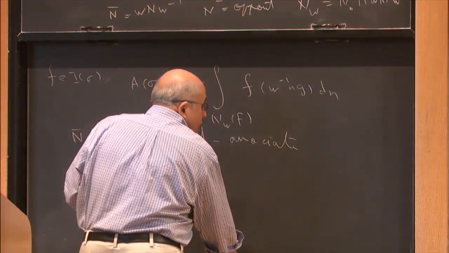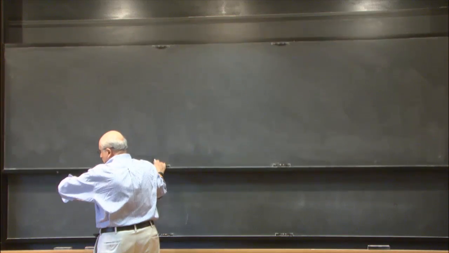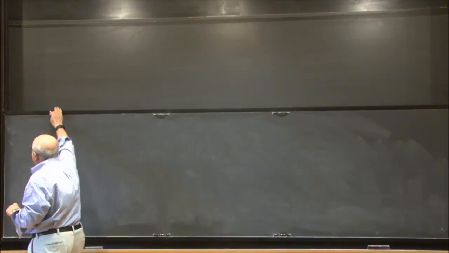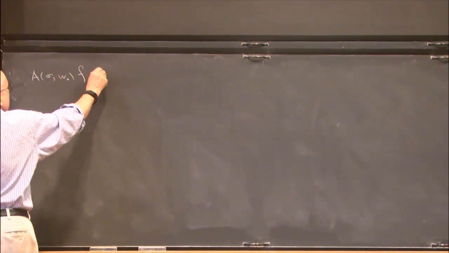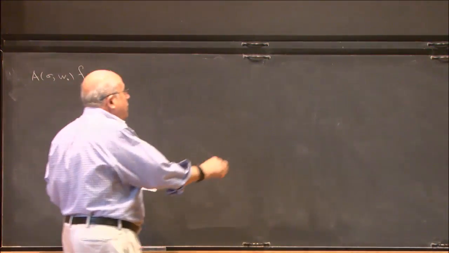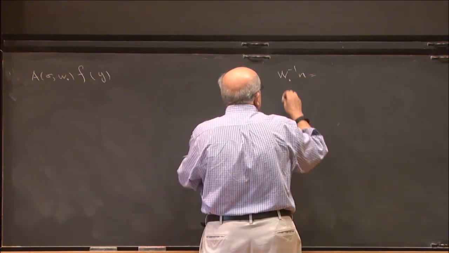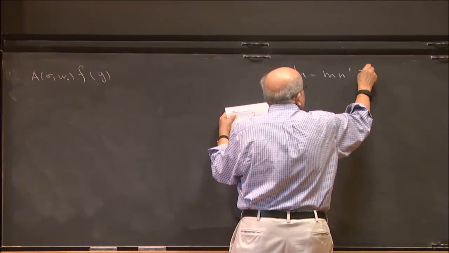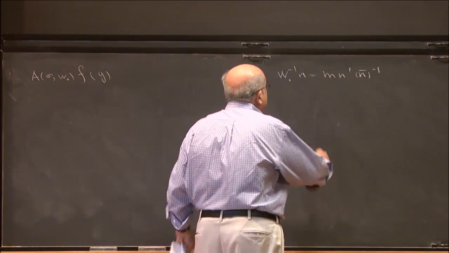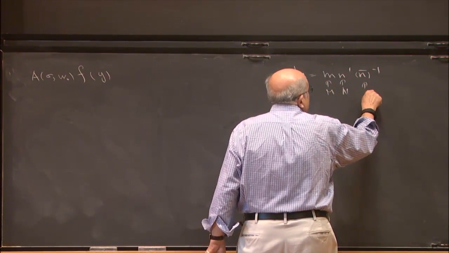And then the intertwining operator is going to look like this: f at g is going to be, I do a Bruhat decomposition for this element. This would be m, n prime, and I write this as an inverse, so m is in M, n prime is in N, and n bar is in N bar.